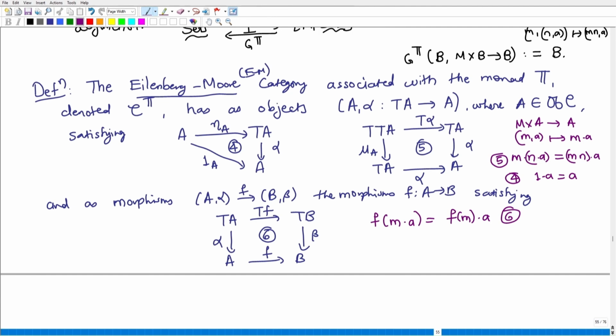Okay, your question was, what is its connection with algebra? Now think about, let's say, the category of groups. Does there exist a free forgetful adjunction to the category of groups? Yes, given a set, you can construct a free group and then the forgetful functor.